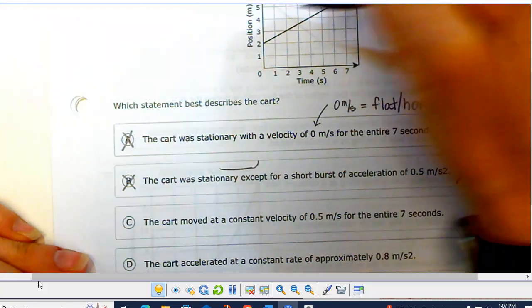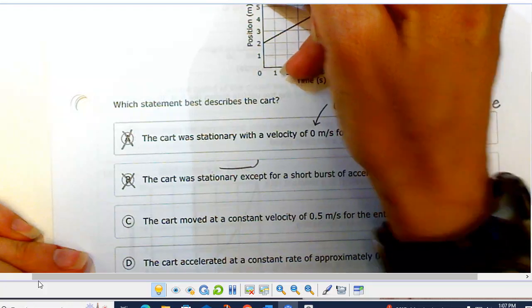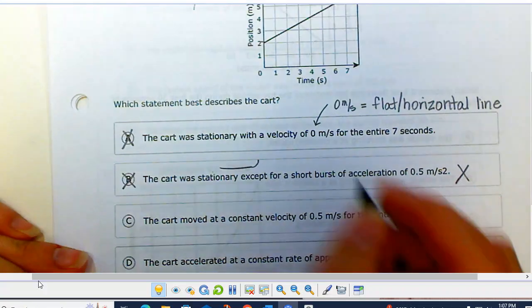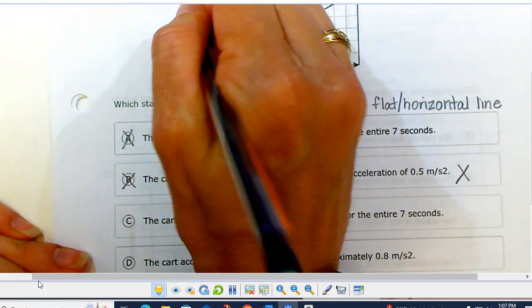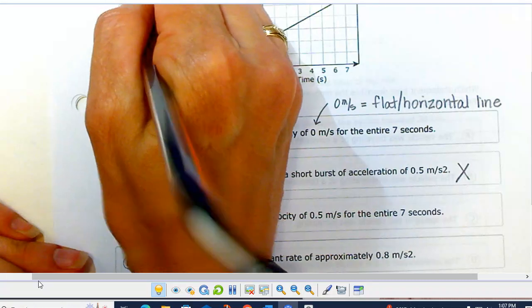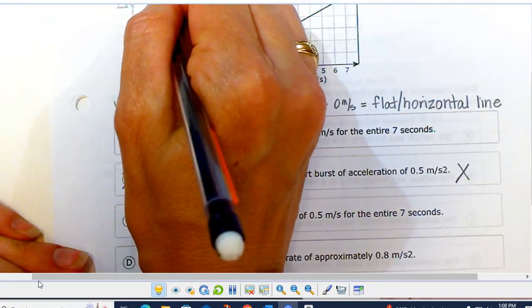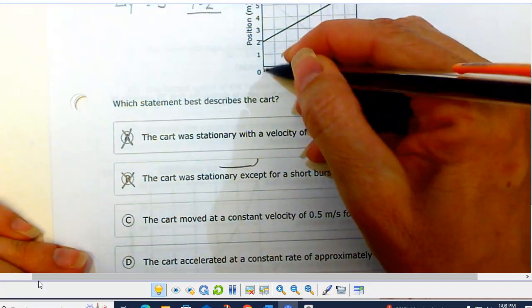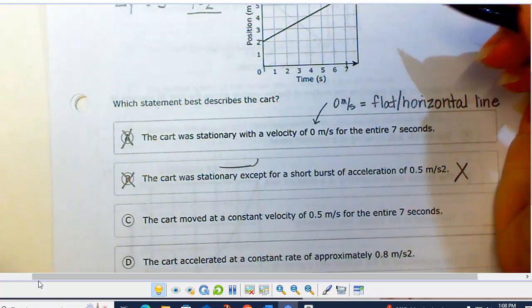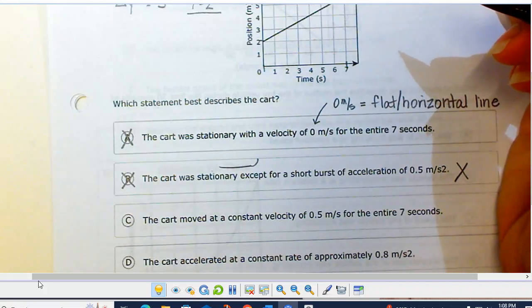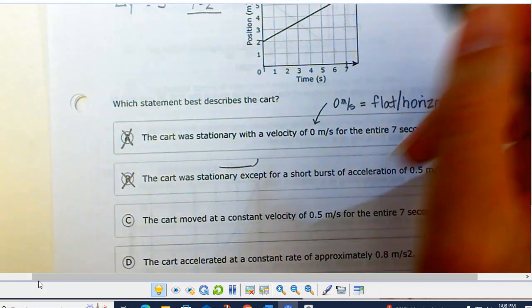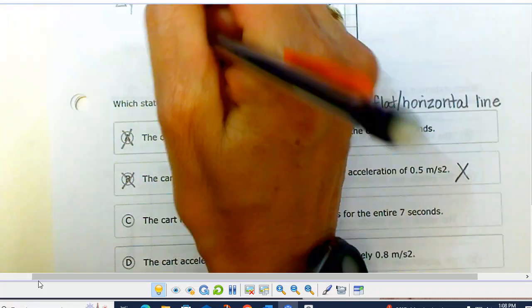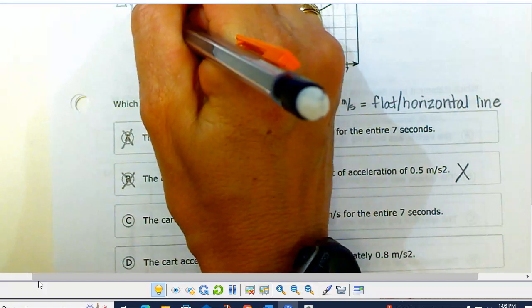Well, I don't know. Let's see, how much did our position change? It looked like it ended at 7 and started at 2. So that is a change in y values of 5. And let's see, 7 seconds. 7 minus 0, that's our change in x values.